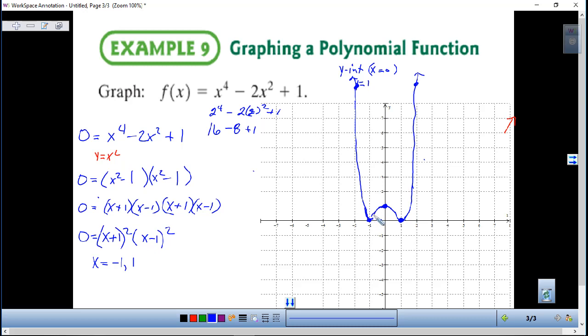If you draw straight lines and do not make it a nice smooth curve, then I'm going to take points off. It has to be nice and smooth. Can't just connect the dots with line segments. That doesn't work. That's not what a parabola looks like or what a polynomial looks like.